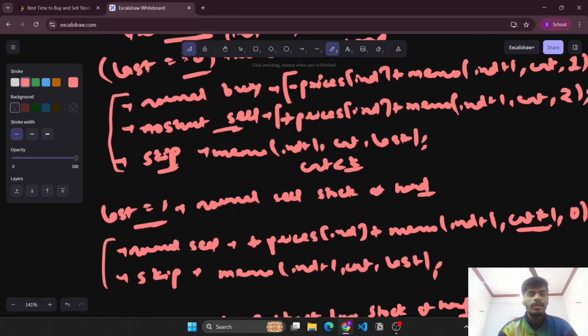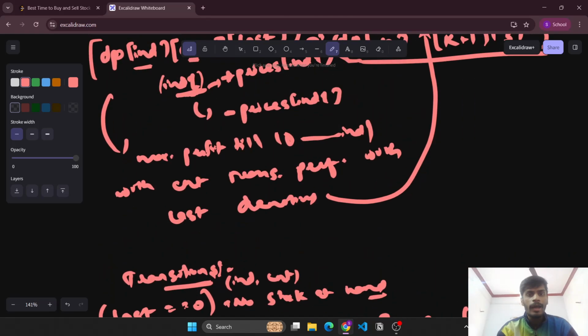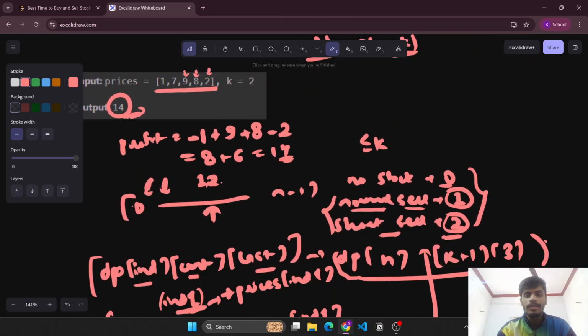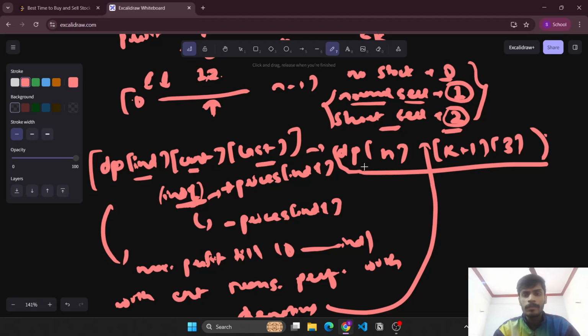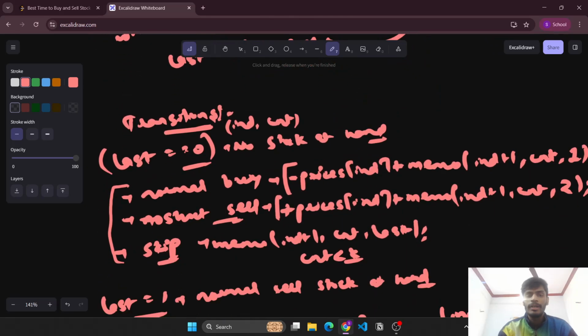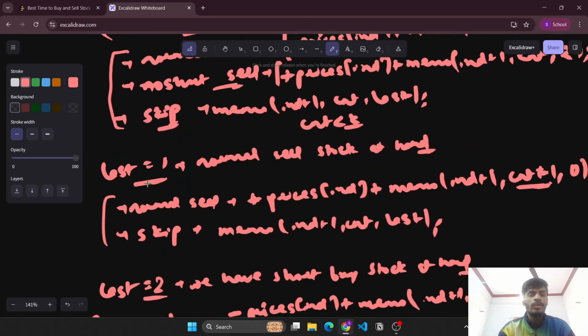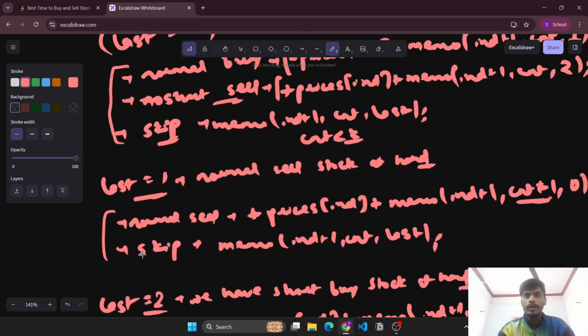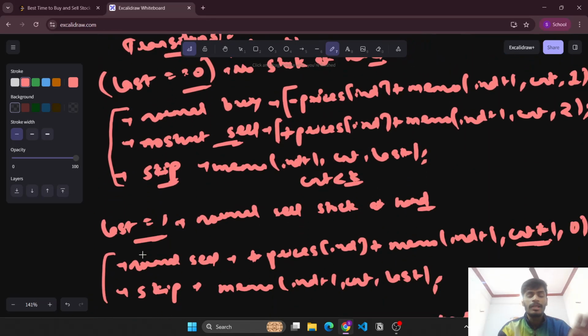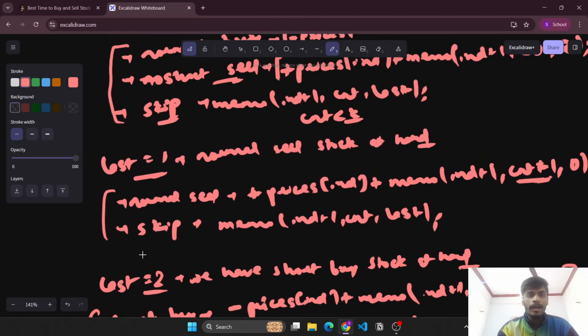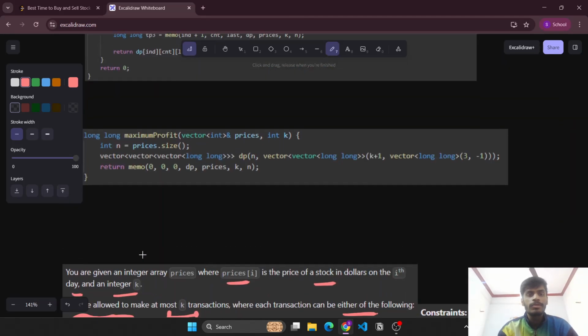Now we can simply write the memoization function to solve it, initializing this dp with -1, and check whether the solution for this state already exists. If it does, we simply return it, or update our dp with the maximum of these values at each step. I hope you are able to grasp the transitions that are happening here, and let's see the code so that it becomes clearer.